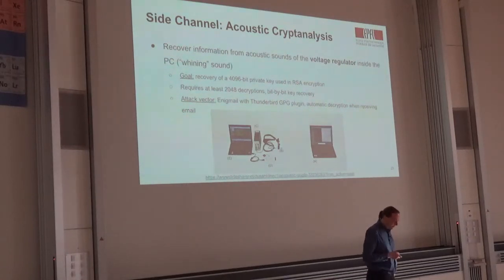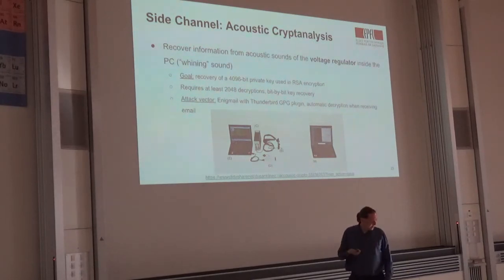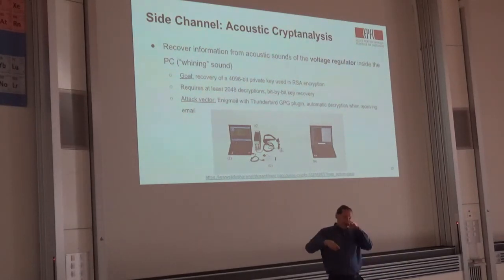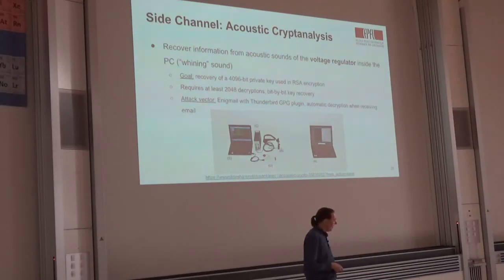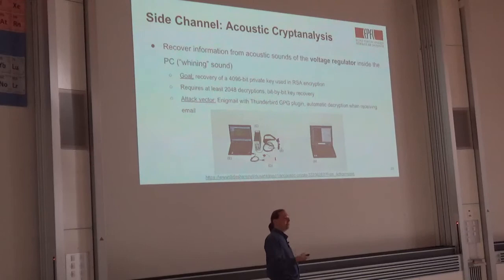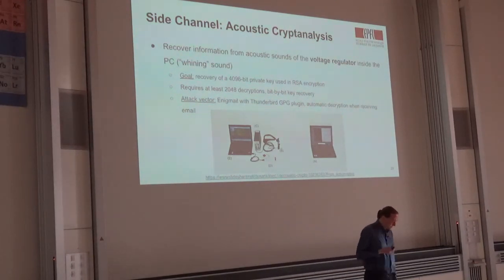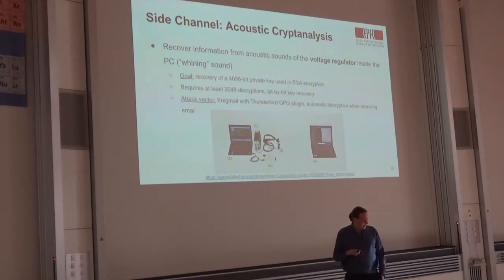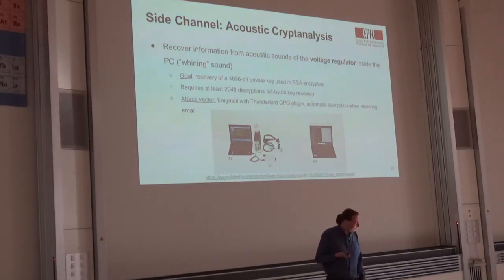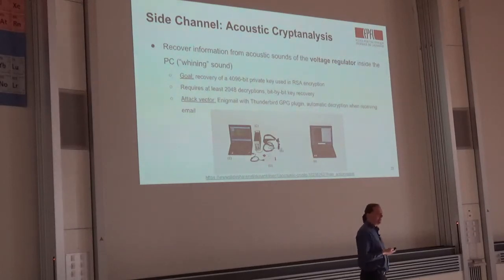In another example, it was shown that a disconnected machine sitting nearby on the desk could just listen to the sounds the PC was making, and recover an RSA private key that way.